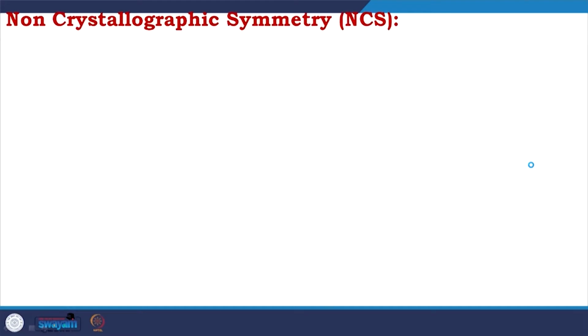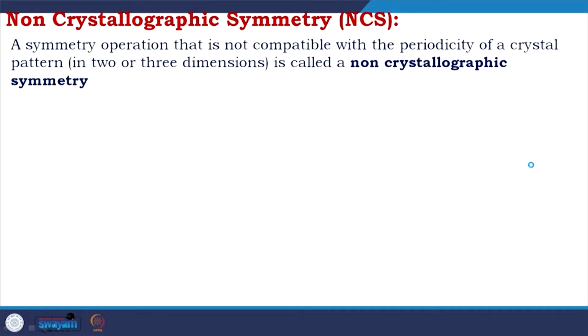Then non-crystallographic symmetry averaging, but before that I want to talk about non-crystallographic symmetry a little bit. A symmetry operation that is not compatible with the periodicity of a crystal pattern in 2 or 3 dimension is called a non-crystallographic symmetry.